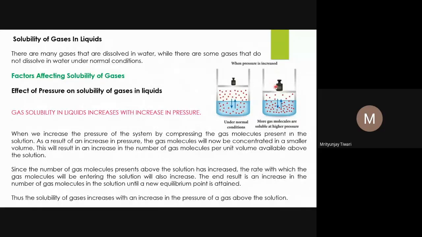So if you put weight here, the gases will be compressed, and if you measure the concentration of the gas in this solution, you will find the concentration of gas in this solution will be more.